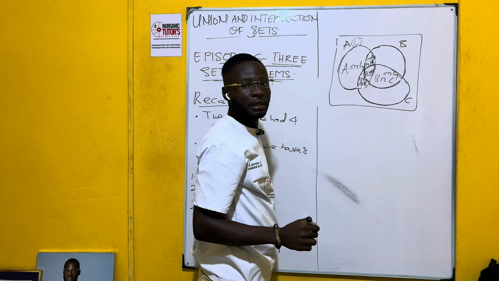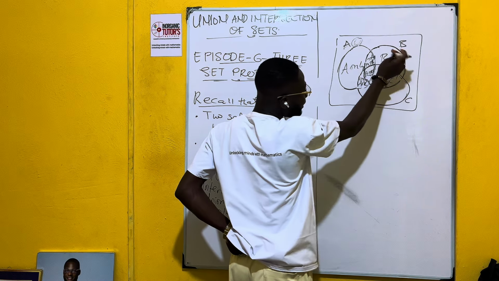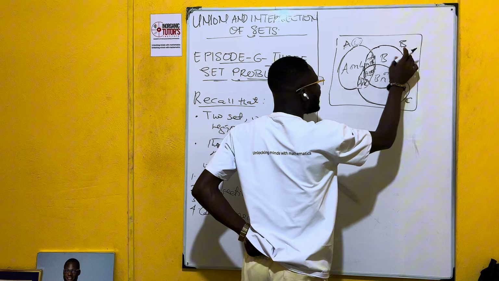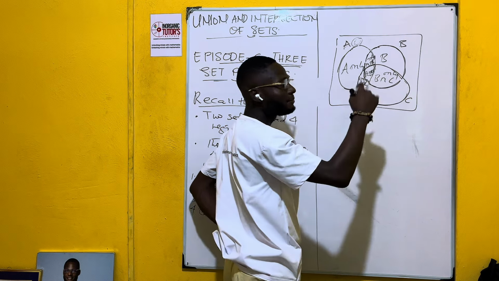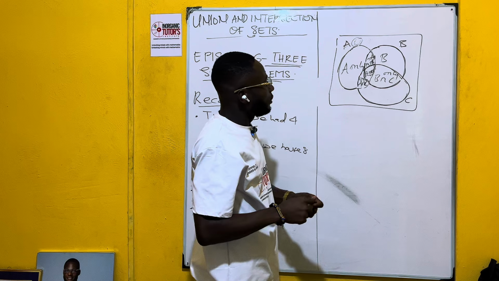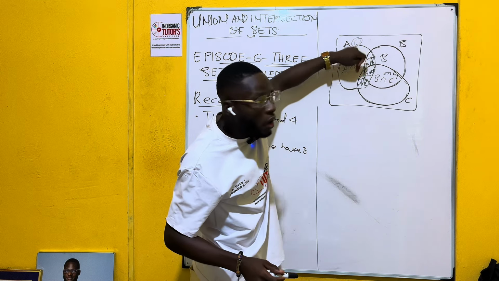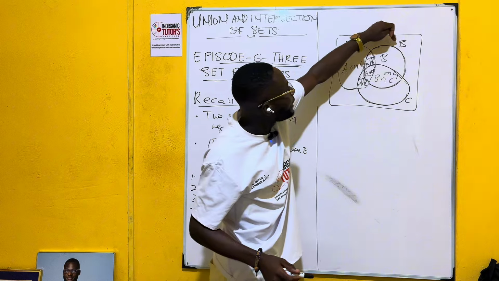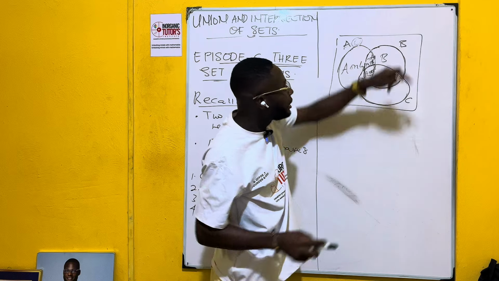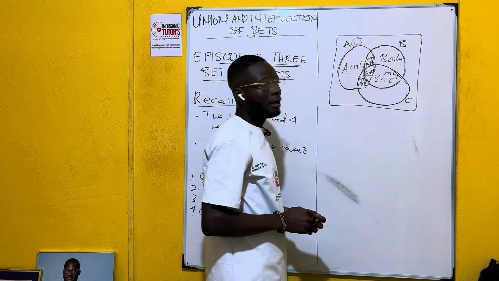A only, right? The same thing applies to B. When you take the number of elements that are common to all the three sets from the number of elements in set B, then that becomes B only, right?